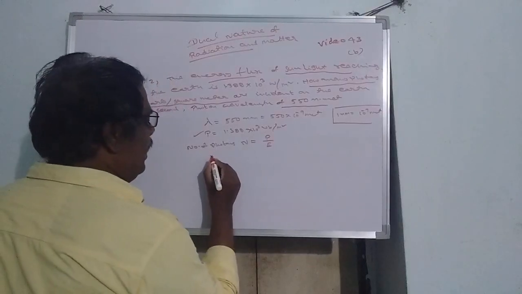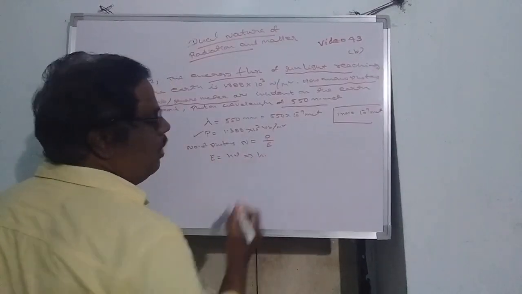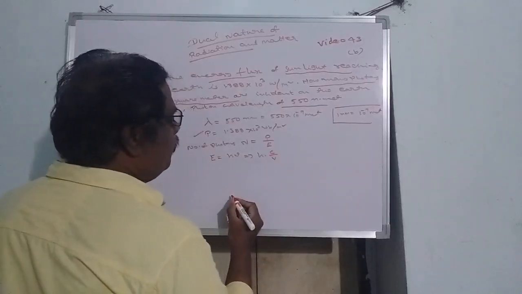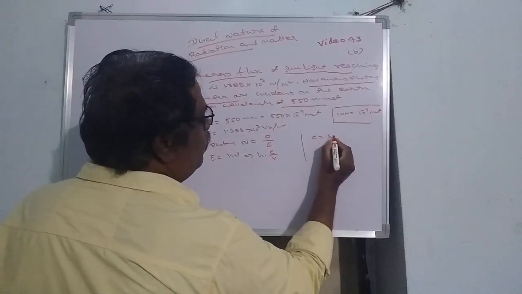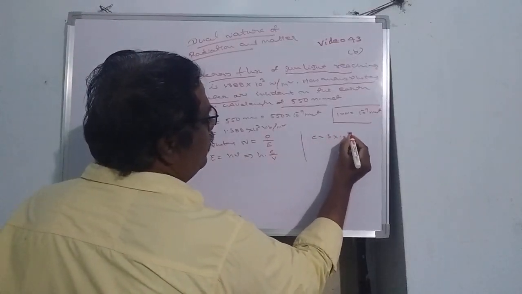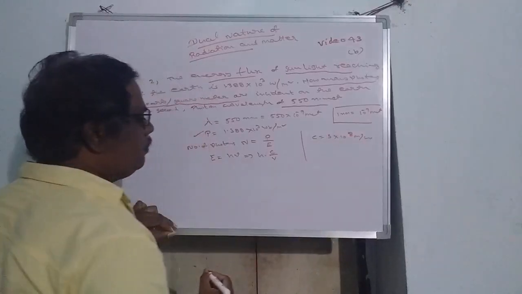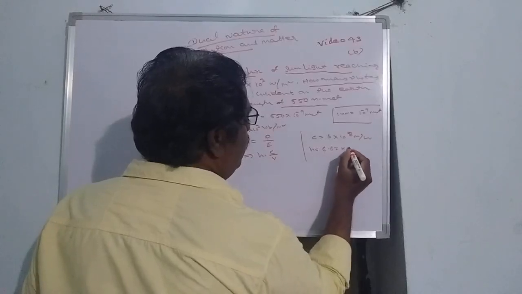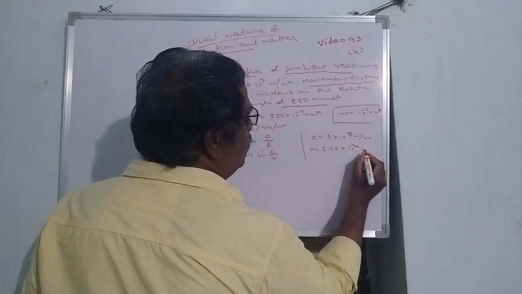We know the formula for energy of the photon: E is equal to h nu. h is the Planck's constant. Nu is c by lambda. The c value is 3 into 10 power 8 meter per second. h, Planck's constant, is 6.67 into 10 to the power of minus 34 joule second.